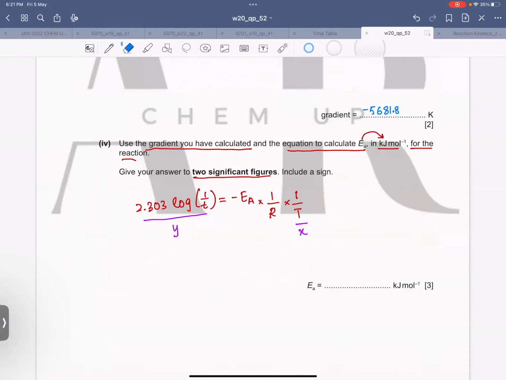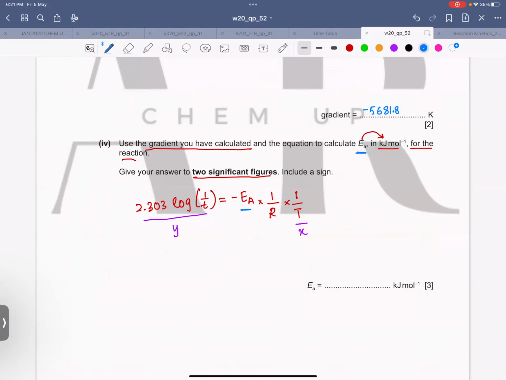Actually, if you see, they are saying to use the gradient you have calculated and the equation to calculate EA. For that, we cannot take gradient as EA over R because EA we have to calculate it. He was asking to make the equation. Sir, multiply R into the gradient.